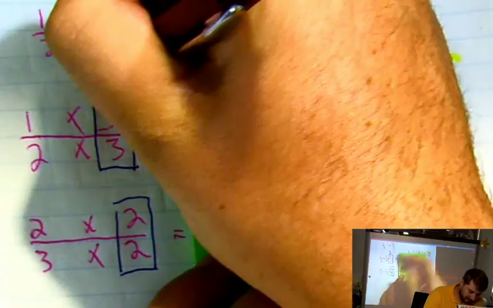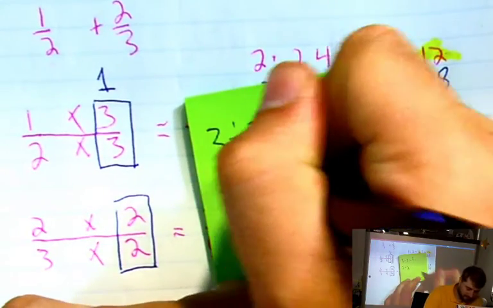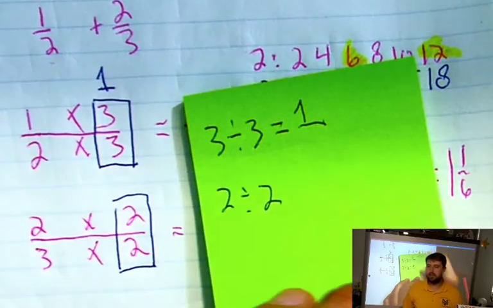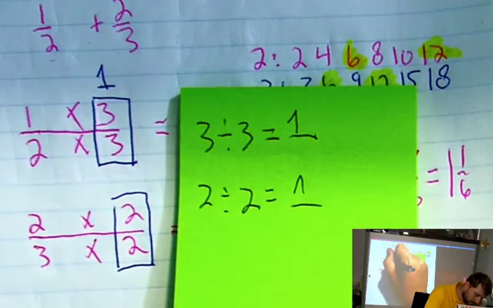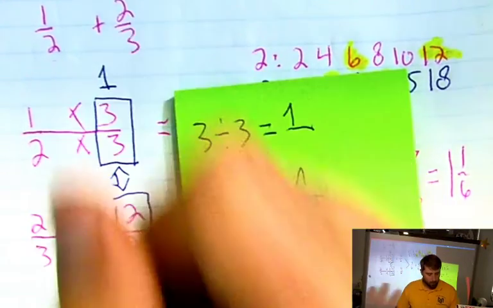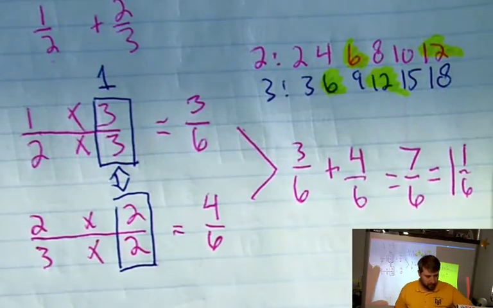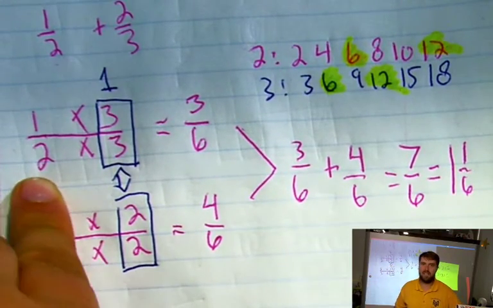And down here we have the same thing. We have 2/2, which we can rewrite as a division problem, 2 divided by 2. And 2 divided by 2 absolutely equals 1. So when we are solving these problems, what we're really doing is multiplying the fraction that we're starting with by 1. It's a strange looking 1, but it is 1.